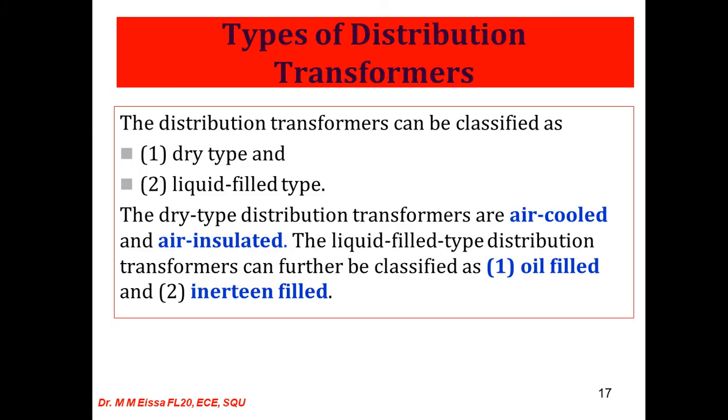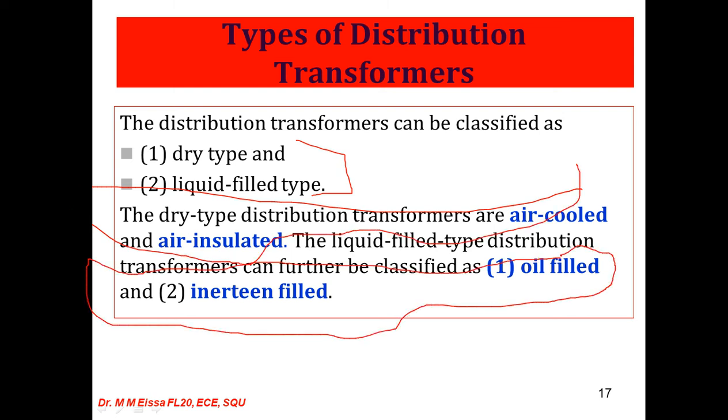Here are also other types of distribution transformer. The distribution transformer can be classified as dry or liquid. There are some kinds of dry and some kinds of liquid, using oil or other liquids.